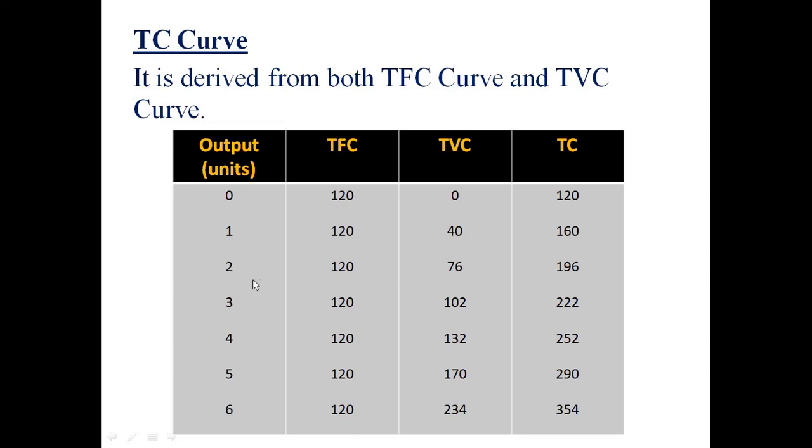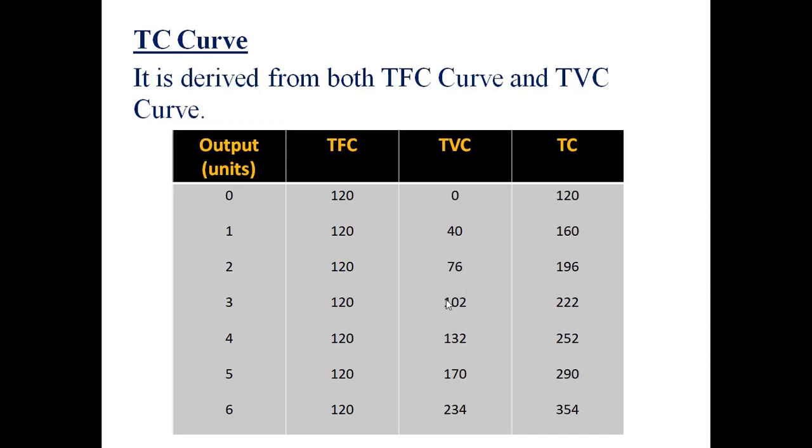And again, when you increase the level of output to 3, it will be 102, the total variable cost. But the increase out here is just 26. So here it was 40, then it became 36, and then it became 26. So 40, 36, 26, it is increasing at a decreasing rate.